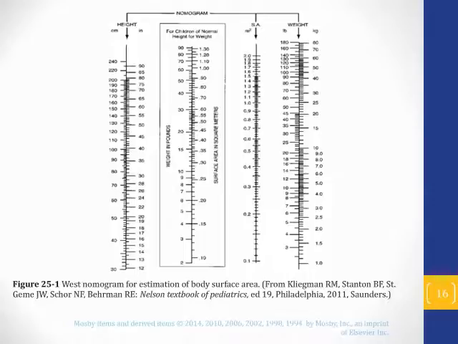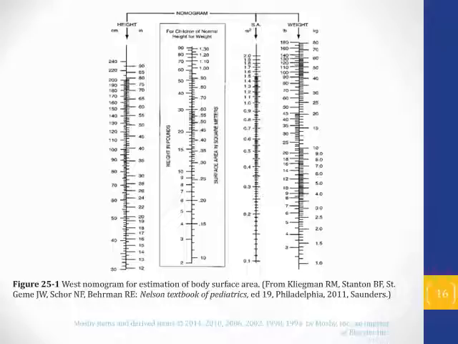This is just a photo and a quick look at what the West nomogram looks like. You'll see that in the center box, if you know that the child's height and weight are normal, you can check that part of the chart and find the body surface area score. We call it meters squared.